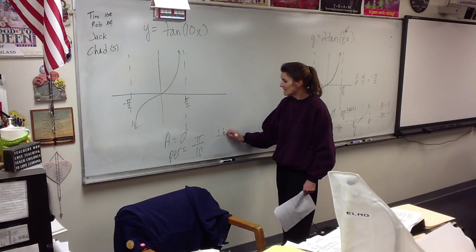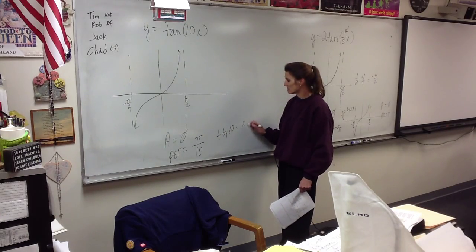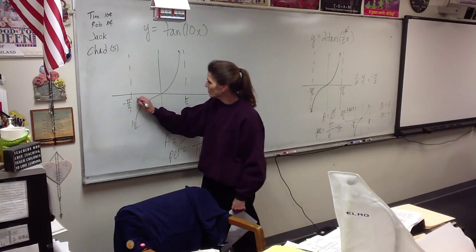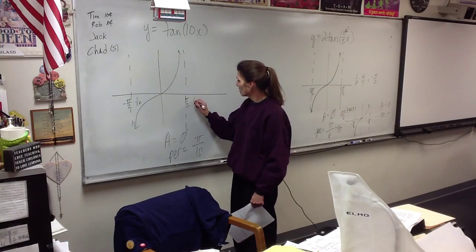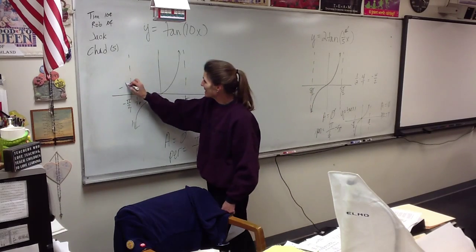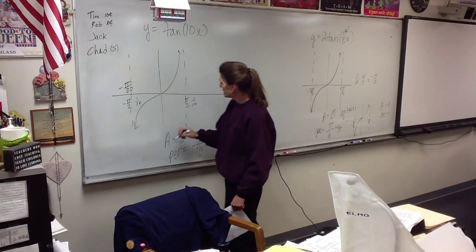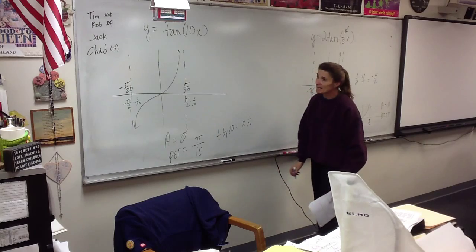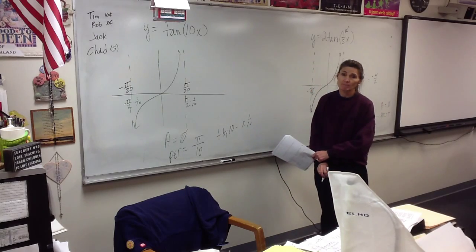Remember, dividing by 10 is the same as multiplying by 1/10. So if I multiply these by 1/10, then I will have negative pi over 20 and positive pi over 20 as my labels.